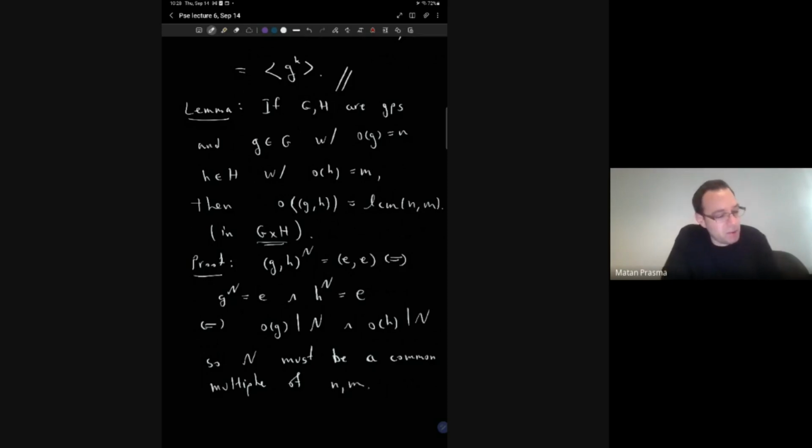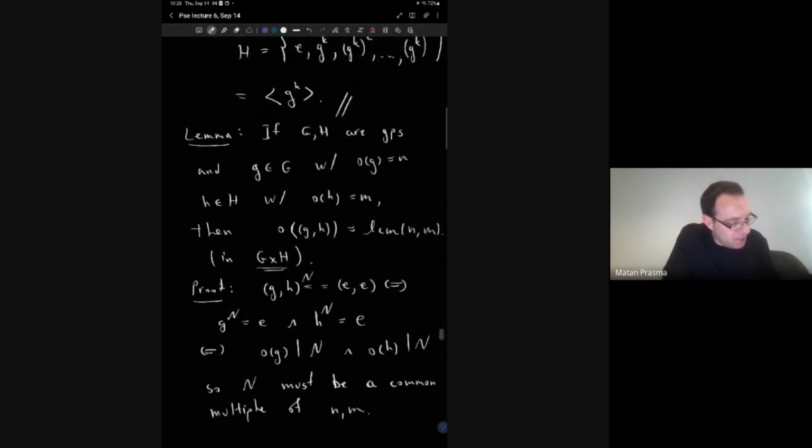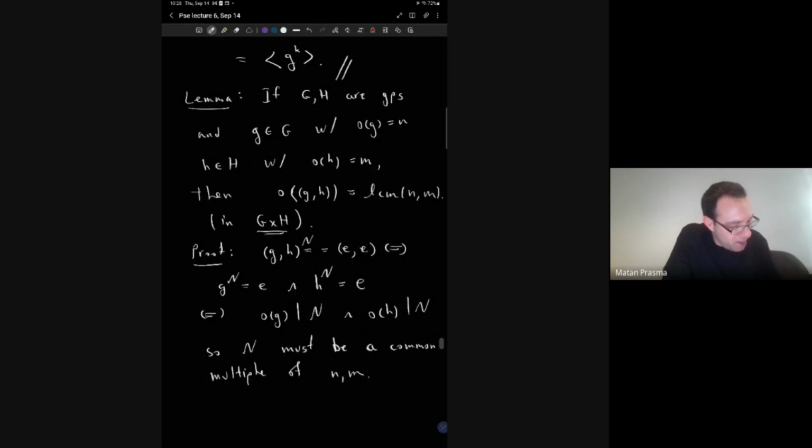And I remind you, the order of an element is the minimal number such that if you raise the element to this number, you get the neutral element. So if this number needs to be a common multiple, it means that the order of (g, h) is the least common multiple of n and m.